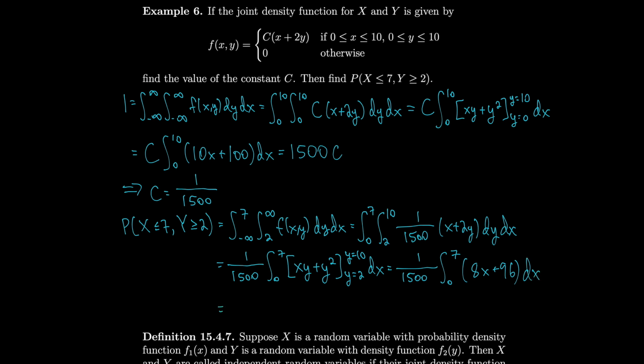And evaluating that, we get 868 over 1500, which is roughly 0.5787.